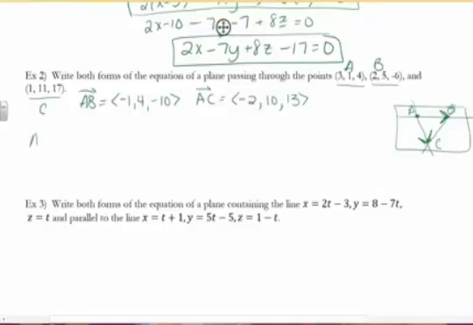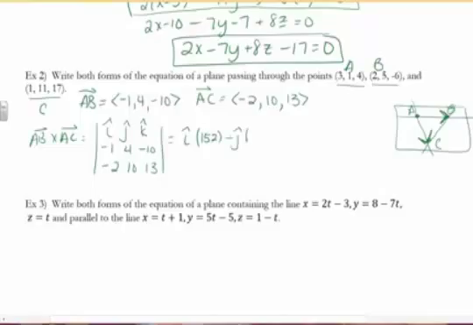So if I cross AB with AC, I have negative 1, 4, negative 10. I have negative 2, 10, 13. And I cross them. 4 times 13 is 52. 52 plus 100 is 152. We got big numbers here.